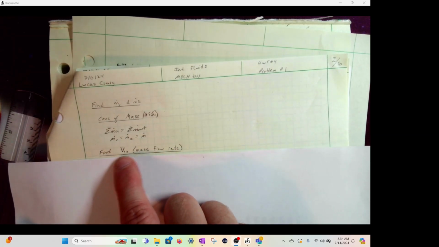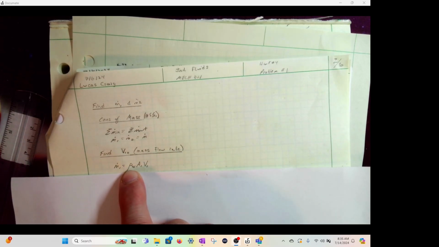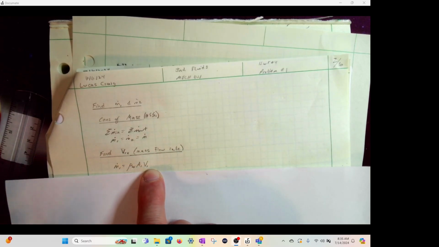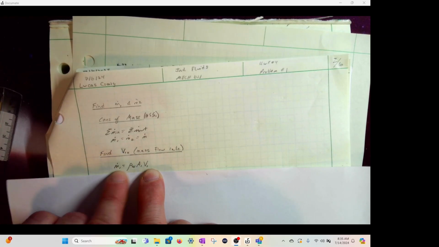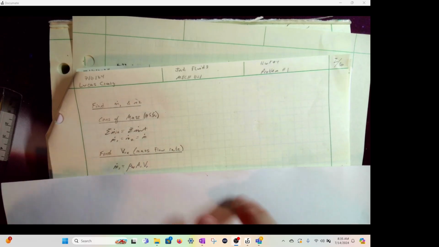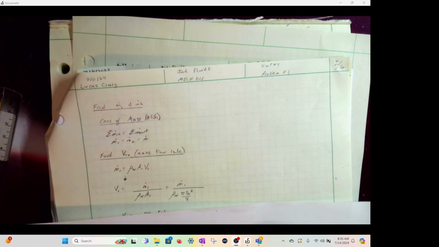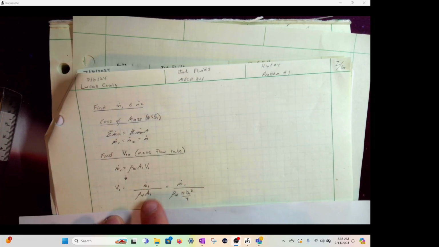We're going to now solve for v1x, and we're going to use the mass flow rate equation, which is m dot equals rho AV, because we know the density, the mass flow rate, and the area. Okay, so we rearrange that equation to solve for v1 by just dividing by rho A, and we plug in what the area is, which is pi d squared over 4.